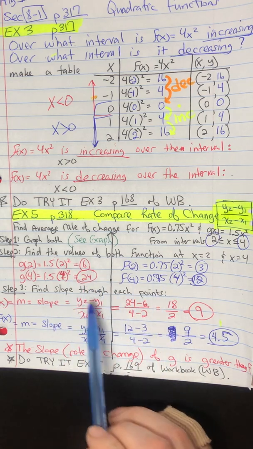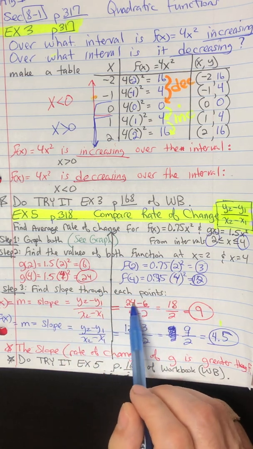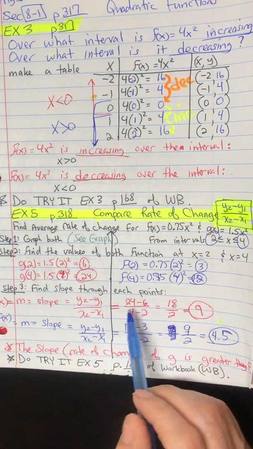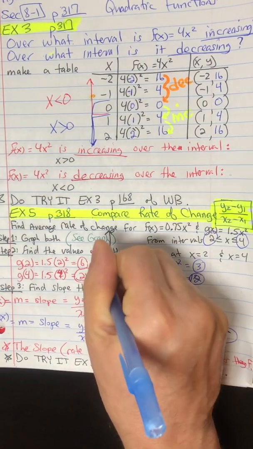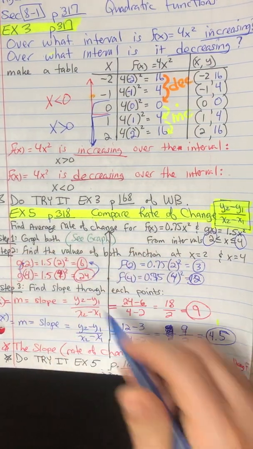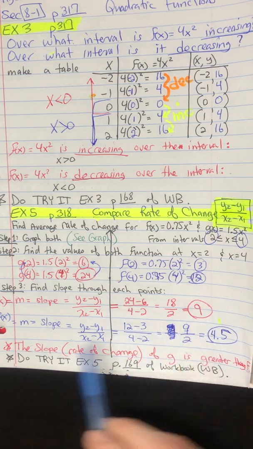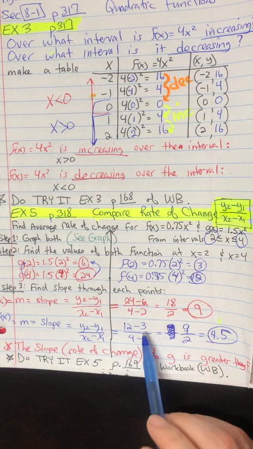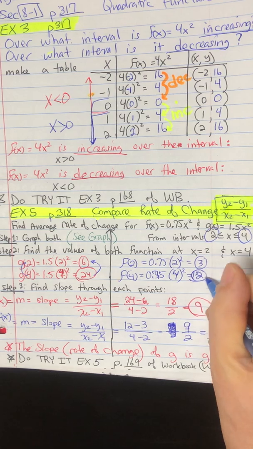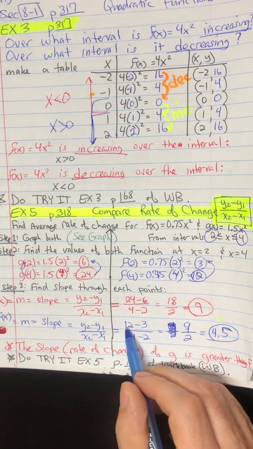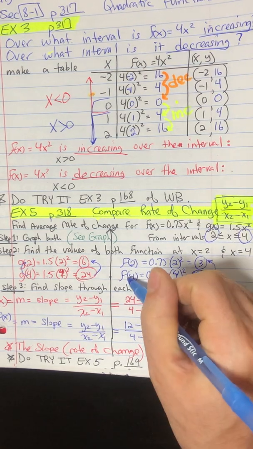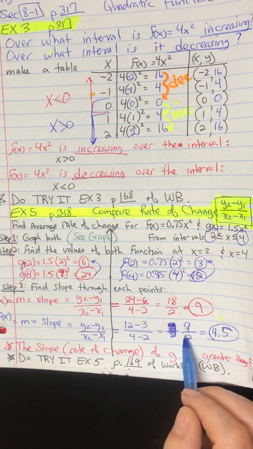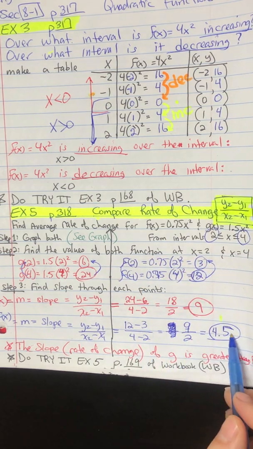Again, y2 minus y1 over x2 minus x1. For g of x, 24 minus 6 over 4 minus 2 equals 9. The slope for f of x, y2 minus y1, 12 minus 3 over 4 minus 2, x2 minus x1. Do the math, you get 9 over 2, 4.5.